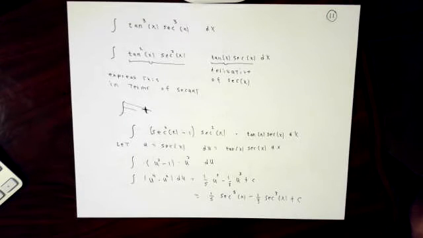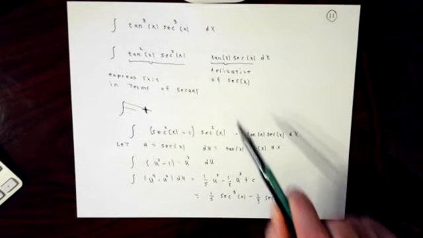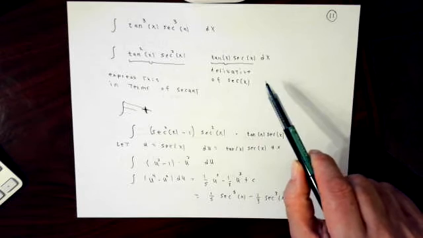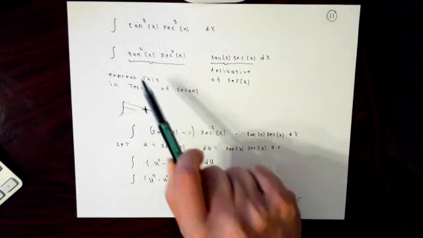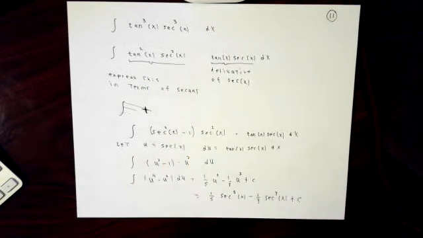For example, the integral of tangent cubed x secant cubed x dx. The power on the tangent is an odd positive whole number, so I split a tangent x secant x away, leaving me with tangent squared x secant squared x. As we said, tangent squared is secant squared minus 1.